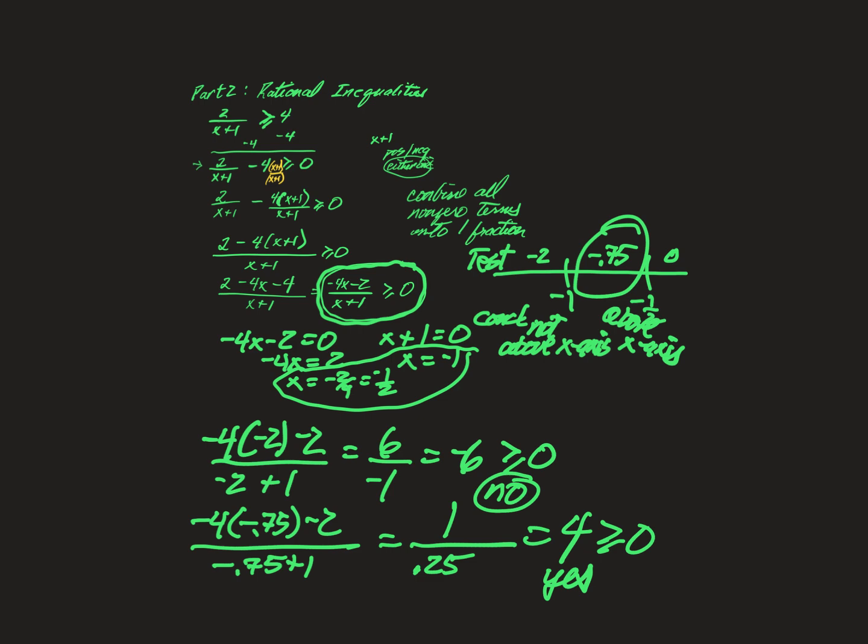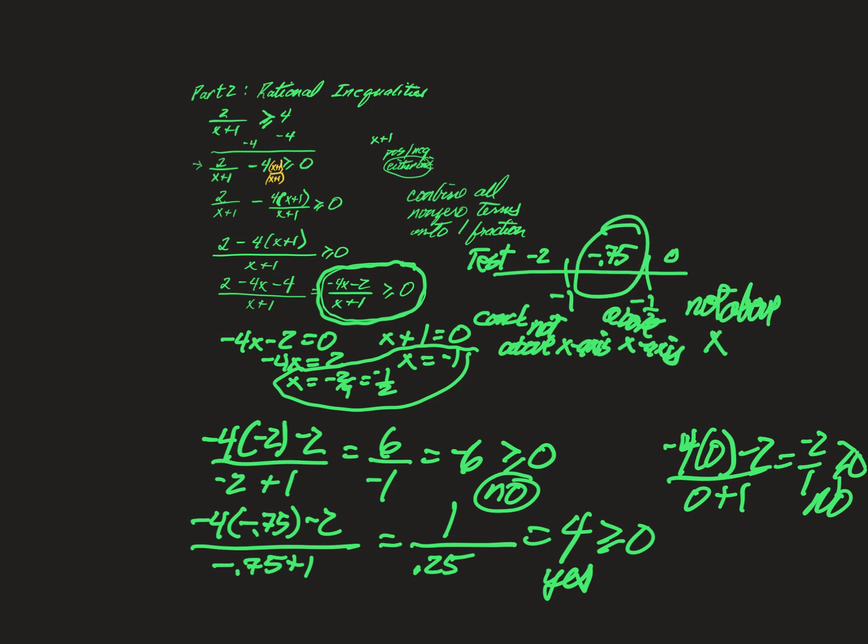And then our last test value is 0. So -4 times 0 minus 2 over 0 plus 1 is -2 over 1, which is not greater than 0. So this means not above the x-axis. So our only solution is that interval there, which goes from -1 to -1/2.